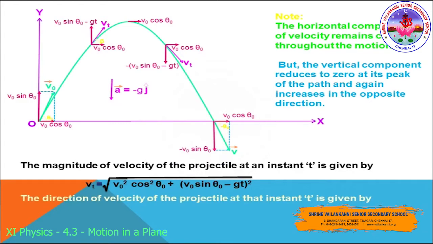So you will get it. The magnitude is that value; the direction is given by tan beta, which at time t is equal to V naught sin theta naught minus g t by V naught cos theta naught.